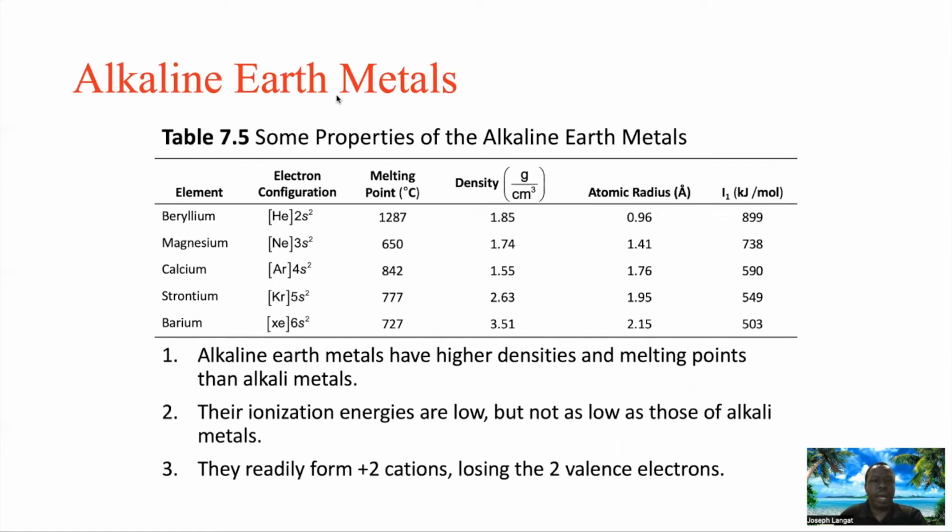Now, alkaline earth metals, 7.5: these are beryllium, magnesium, calcium, strontium, and barium. Electron configuration, all of them have 2 electrons in the outermost shell. The properties here: the melting point is decreasing down the group.